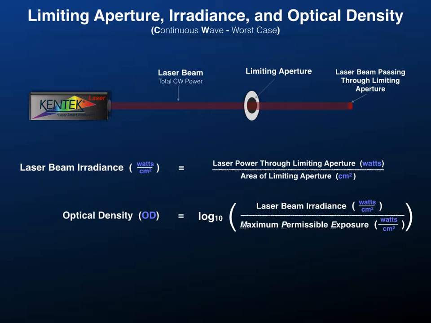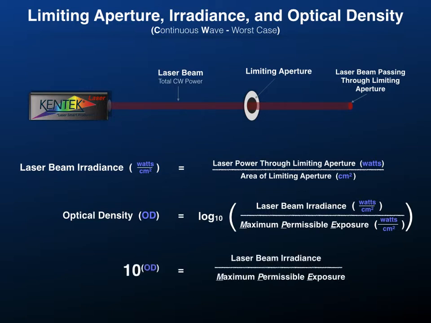Another way of looking at this is in this equation, where we say 10 raised to the OD power equals the irradiance divided by the MPE.